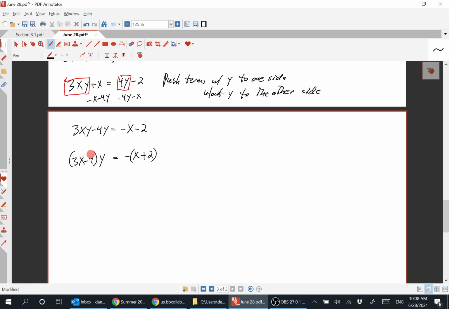Factor out the y. Divide by the thing that y is multiplied by. And there it is: minus x minus 2 over 3x minus 4. So the inverse of a Moebius transformation is a Moebius transformation, and that's how you find it.